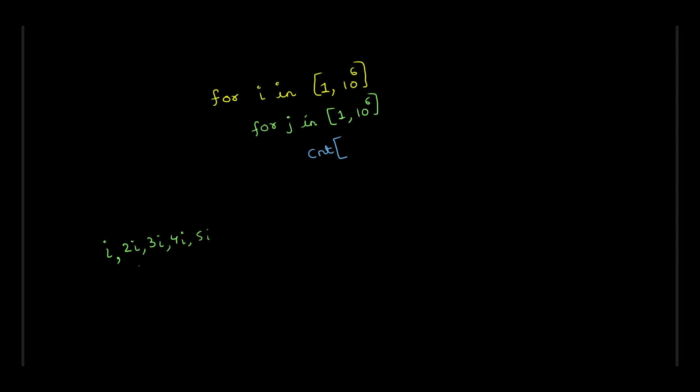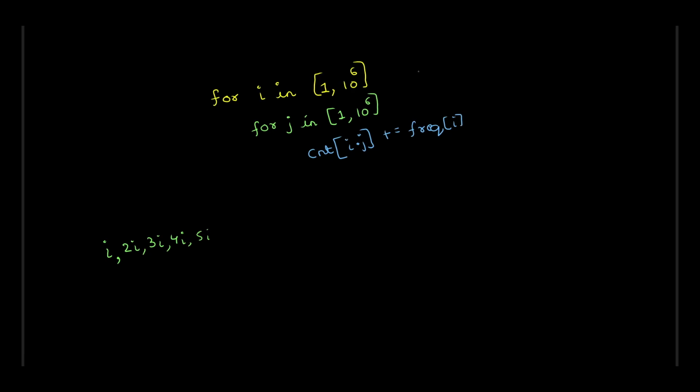You are multiplying I by j, right? So you are just doing count of I into j plus equals whatever the frequency of I is.